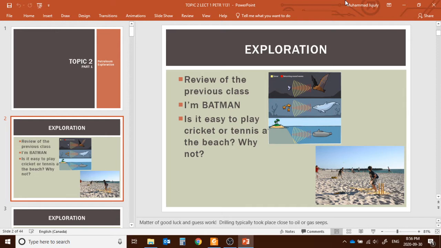Now, based on the strength of that rebounded signal, as you can see here, the bat sends one type of signal, and when it rebounds, based on the strength of that signal, it can know whether this is a soft material or a hard material.